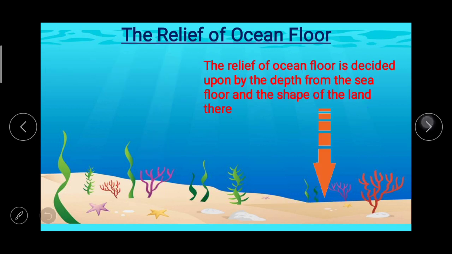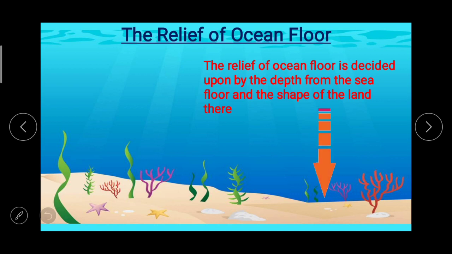Now, the next thing in this, the relief of ocean floor. The average depth of the ocean is around 3,700 meters. The ocean bed is also uneven like the land and the continents.